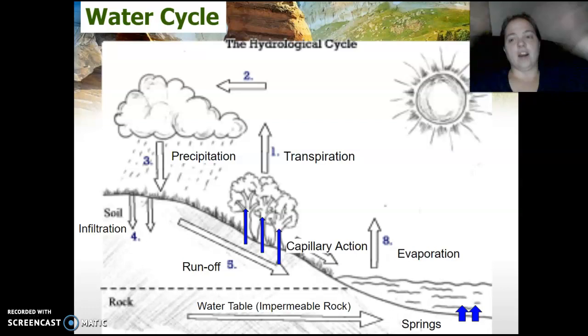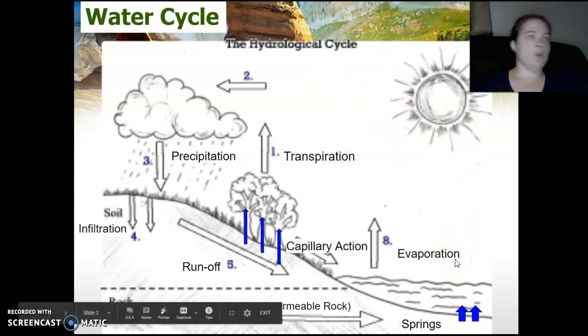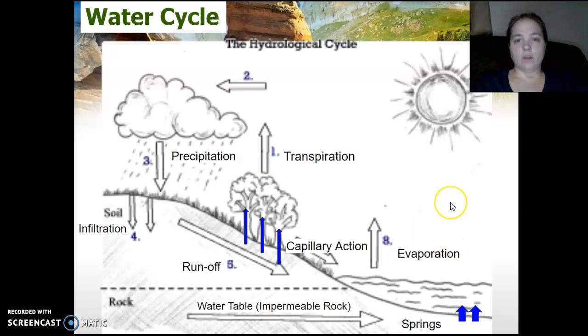It gets let off from the leaves. And then when it gets up into the air, you have evaporation going on and transpiration going on. When you add them together, you get evapotranspiration. That's the sum of both.